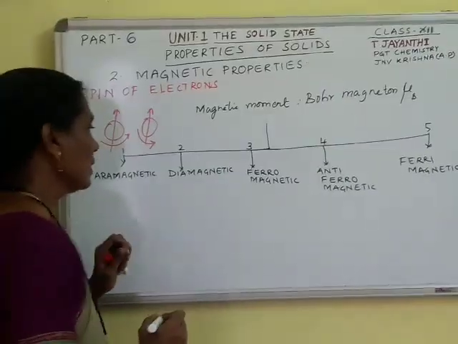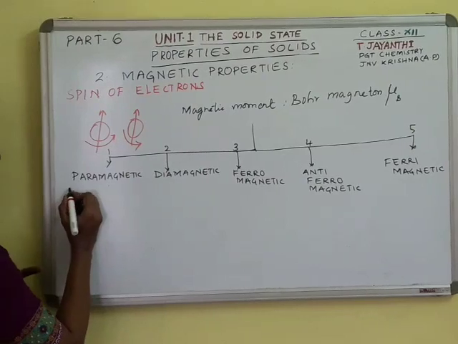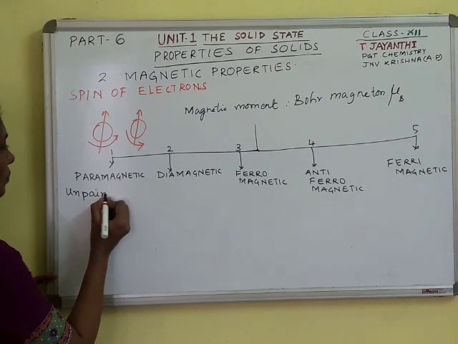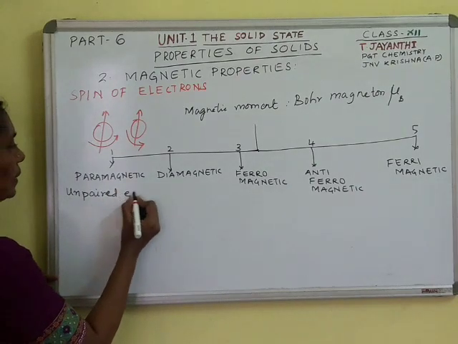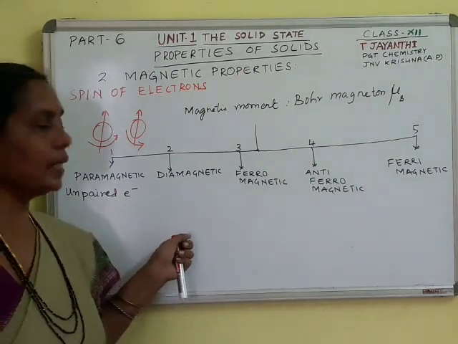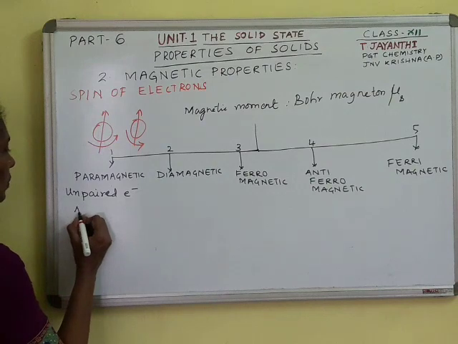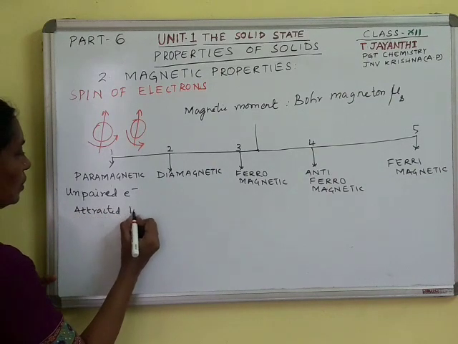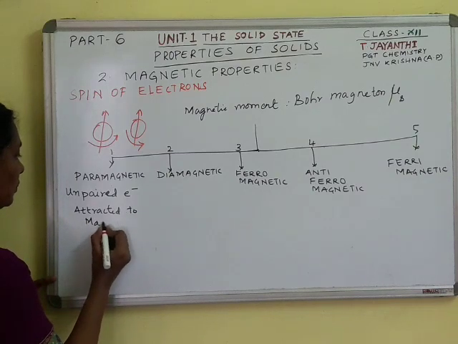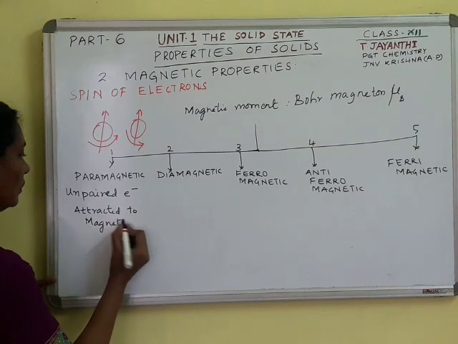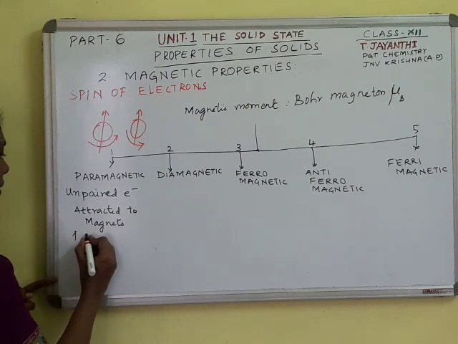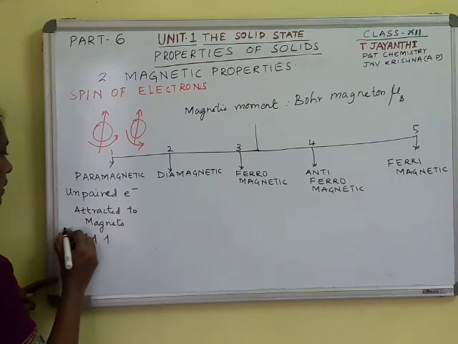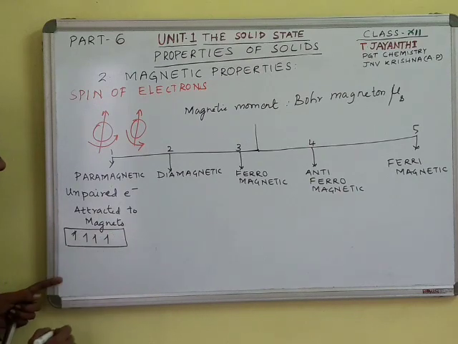Now, paramagnetic substances means in these substances there are unpaired electrons. Due to these unpaired electrons, they get attracted towards magnets.